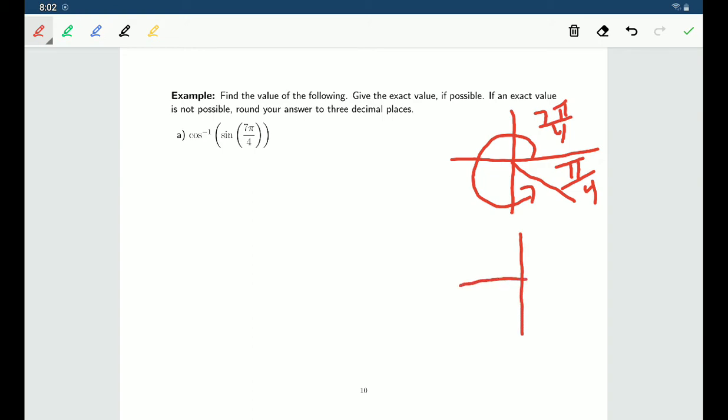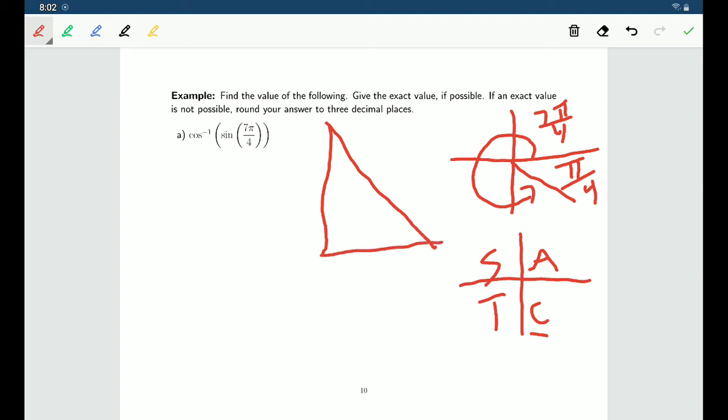We're talking about sine of 7 pi over 4, and I know that in quadrant 4, it's cosine that's positive, and sine should be negative. The other thing that I know is that for 45 degrees, for that reference angle, the side lengths for that special triangle are 1, 1, and root 2.